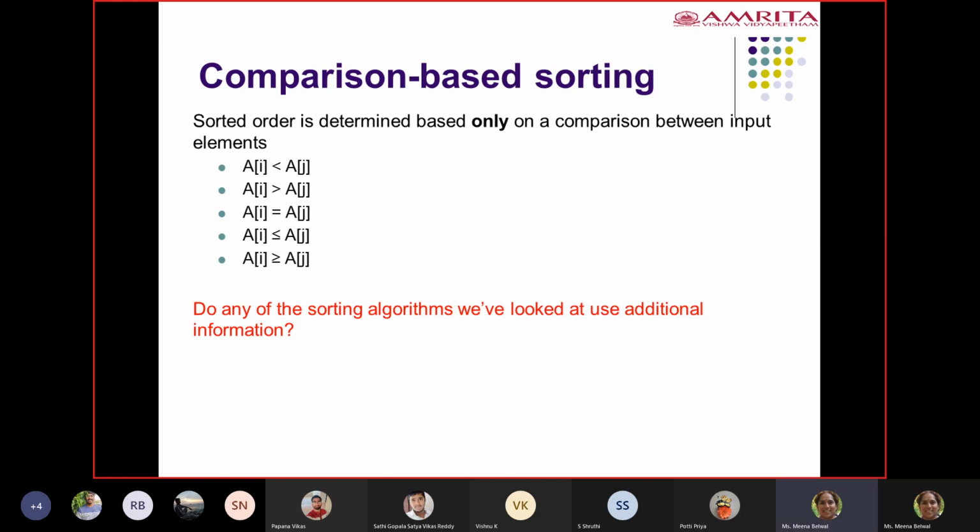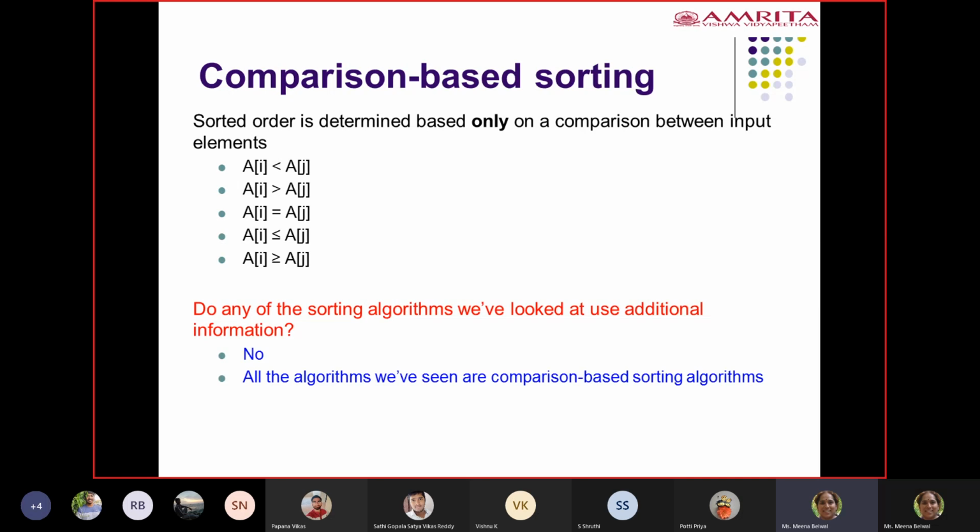We do not have any additional information based on frequency, and we are not assuming a bucket sort kind of thing. We are just given random numbers and are supposed to sort them based on comparison.